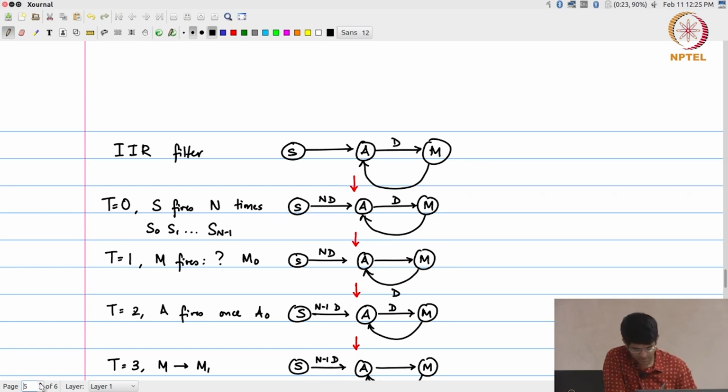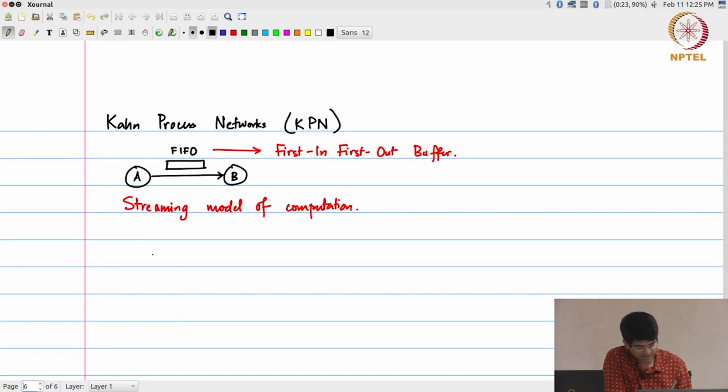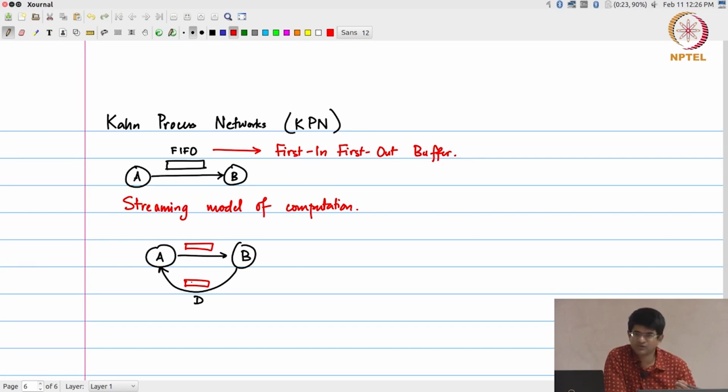Keep in mind that if I have something of this sort, I need to have at least one delay element over there, one token, but I could have FIFOs on both edges. That's just an implementation issue. The important point to keep in mind is, just because I have drawn two FIFOs over here, one on each edge, doesn't necessarily mean that there is actually data sitting in any of them.